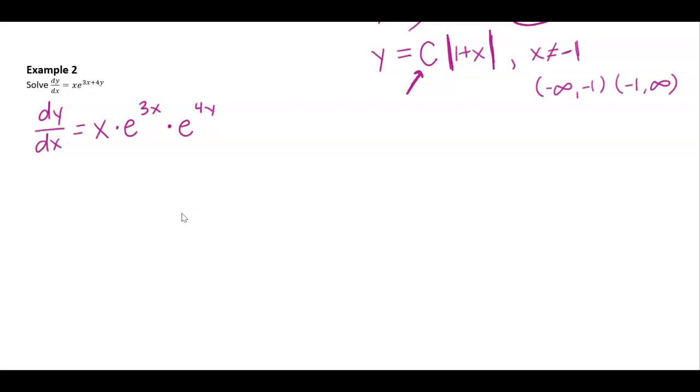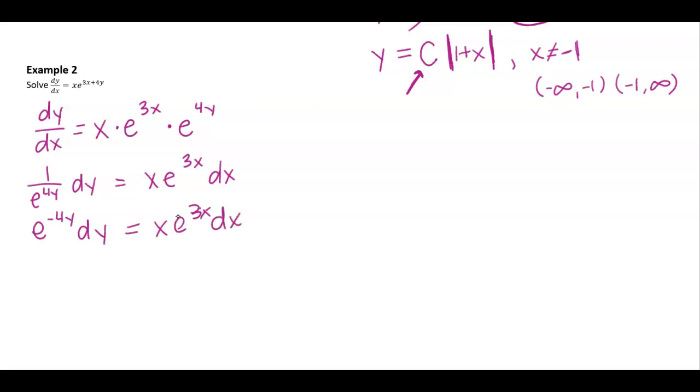I'm then going to divide e to the 4y with my dy, and I'm going to write this as x e to the 3x dx. I can rewrite my exponent to be negative on the left-hand side, and then I'm going to integrate both sides.